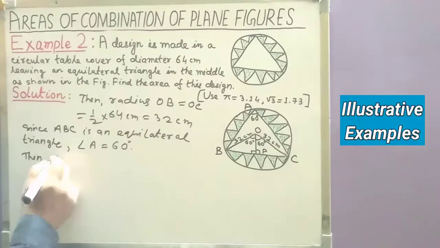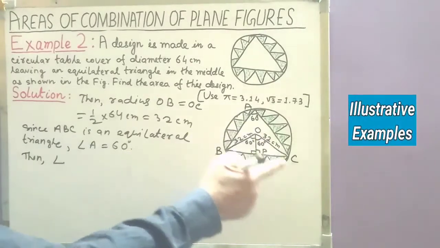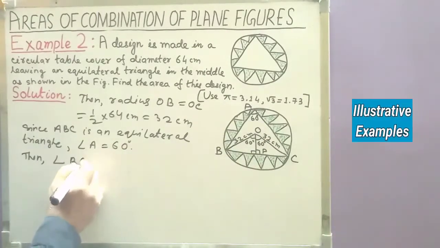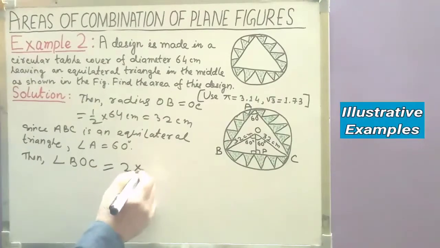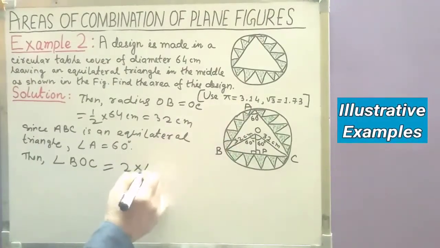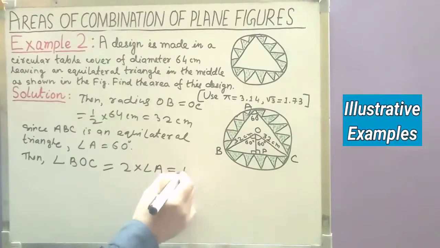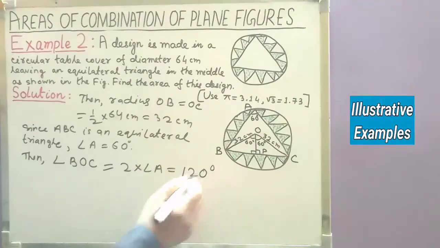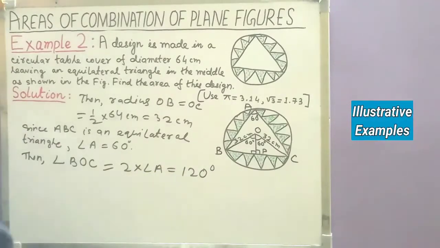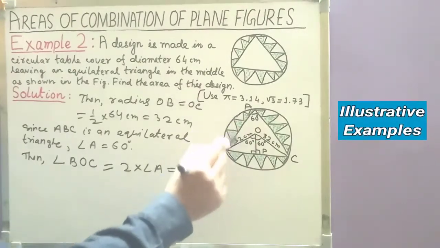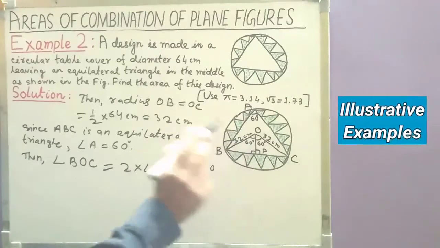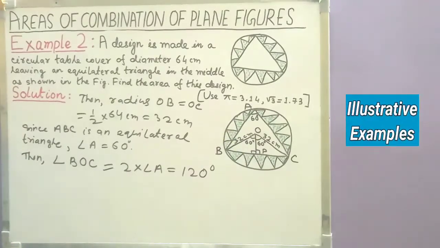Then angle BOC equals twice of angle A, that equals 120 degree. Because we know that angle made by an arc at the center of a circle is double that made at any part of the circle.